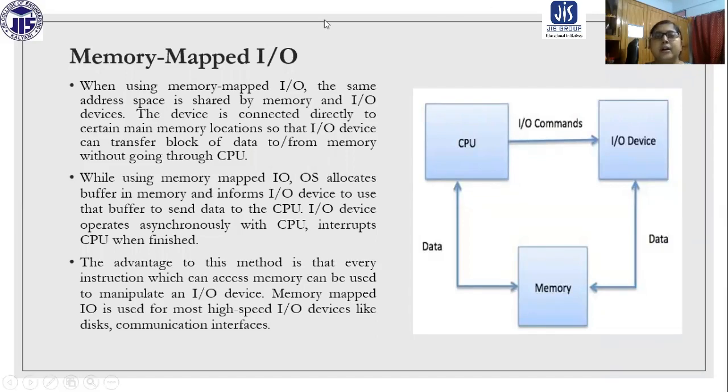Now come to the next part, that is memory mapped IO. When using memory mapped IO, the same address space is shared by memory and IO devices. So the device is connected directly to certain main memory locations so that the IO device can transfer a block of data to or from memory without going through the CPU.